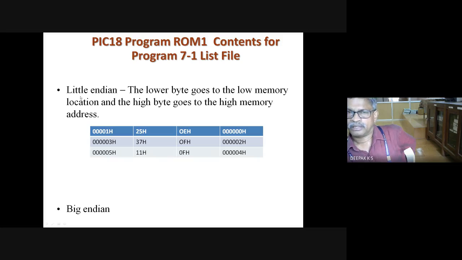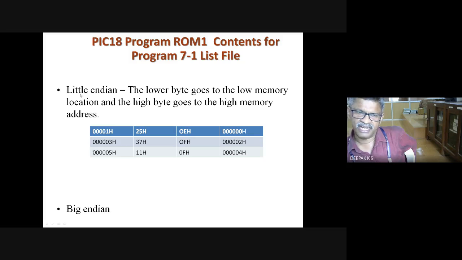Now I told you that this 25H is there and 0EH is there. 0EH is the opcode and 25H is the data. In the first line, you are bringing in 25H into the working register. So MOVLW 25H means 25H is the literal value, and MOVLW is 0EH. Now in the lower byte you put this opcode, and in the higher byte you put this data.